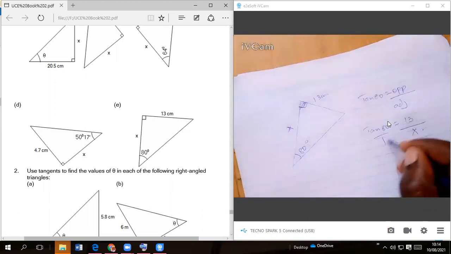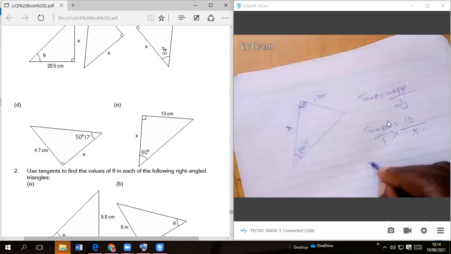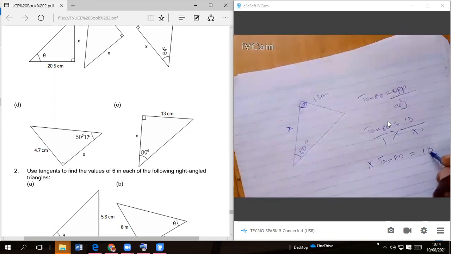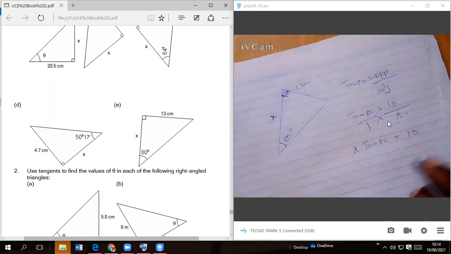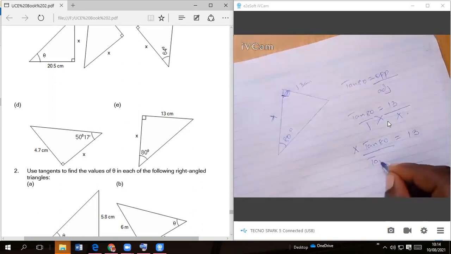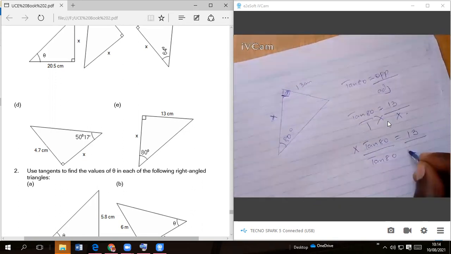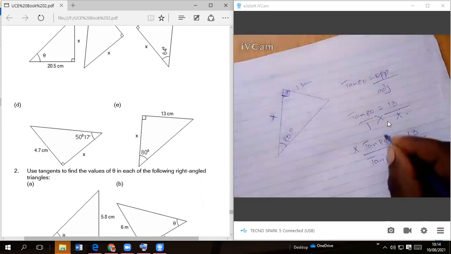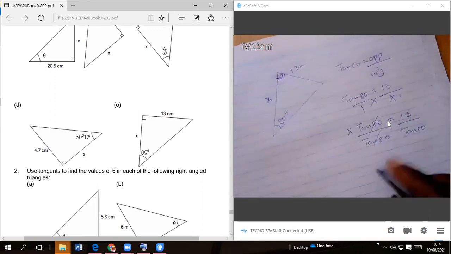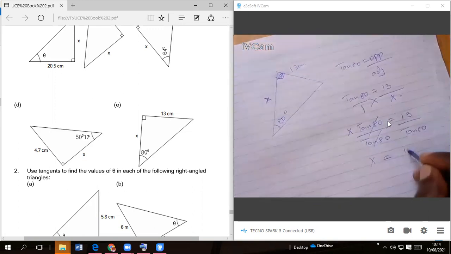So cross multiply and you get x tan 80 equals 13. Here divide both sides by tan 80. Our x becomes 13 divided by tan 80.